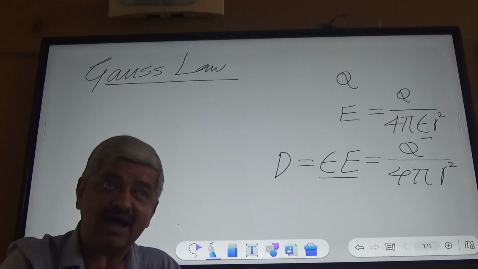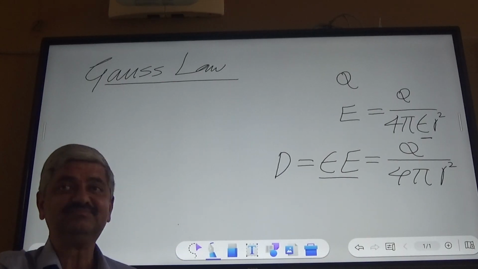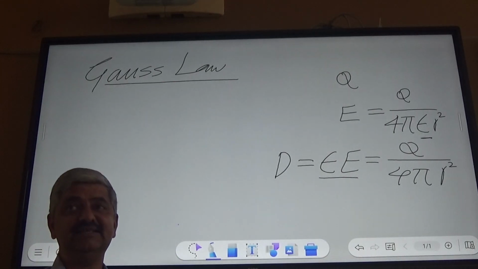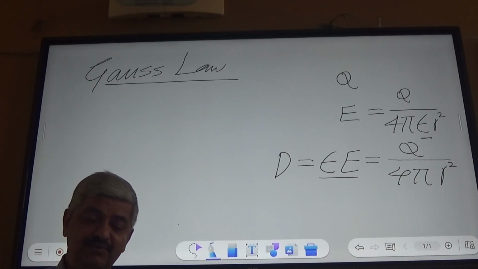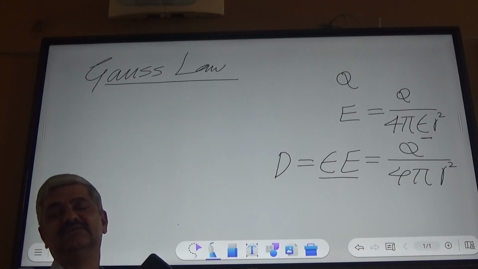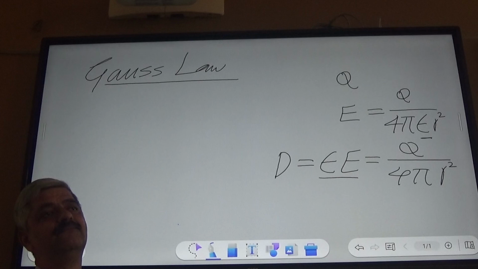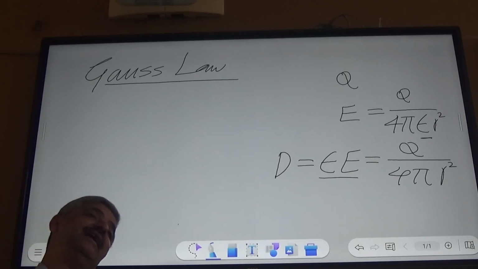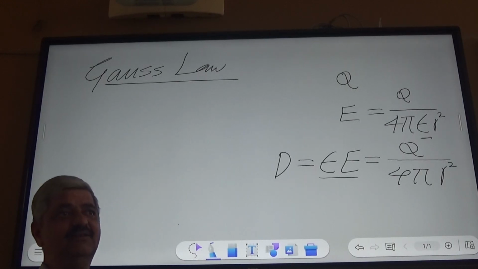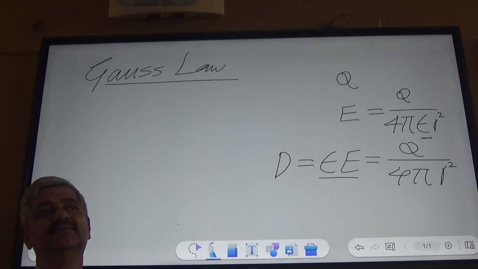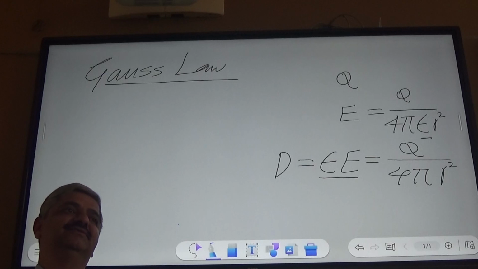Is it right? Now, what is a surface? As he said, a surface is a collection of... now when we talk of a continuous line, a continuous curve, it must have neighboring points.